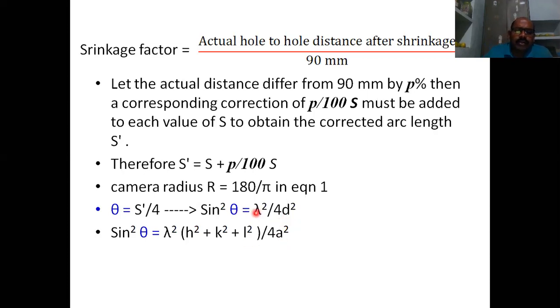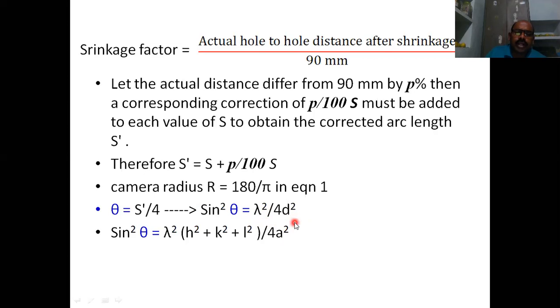Since we are using X-rays of known wavelength, we know the lambda value and hence lambda square, and we are measuring the theta value from the above formula. Then obviously we are able to calculate the interplanar spacing of different sets of planes.